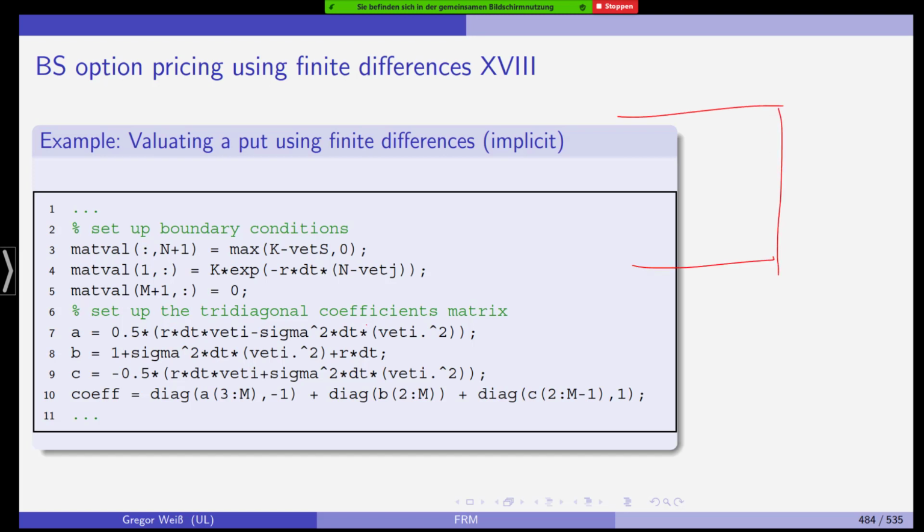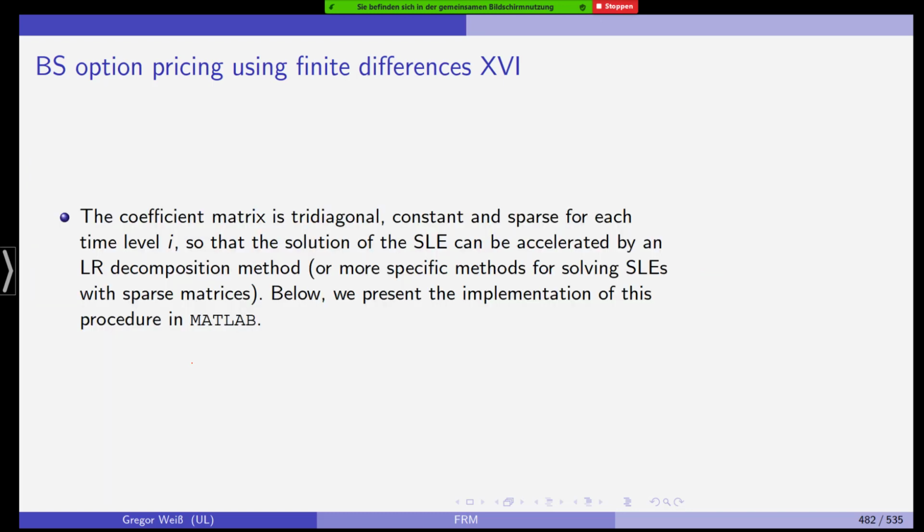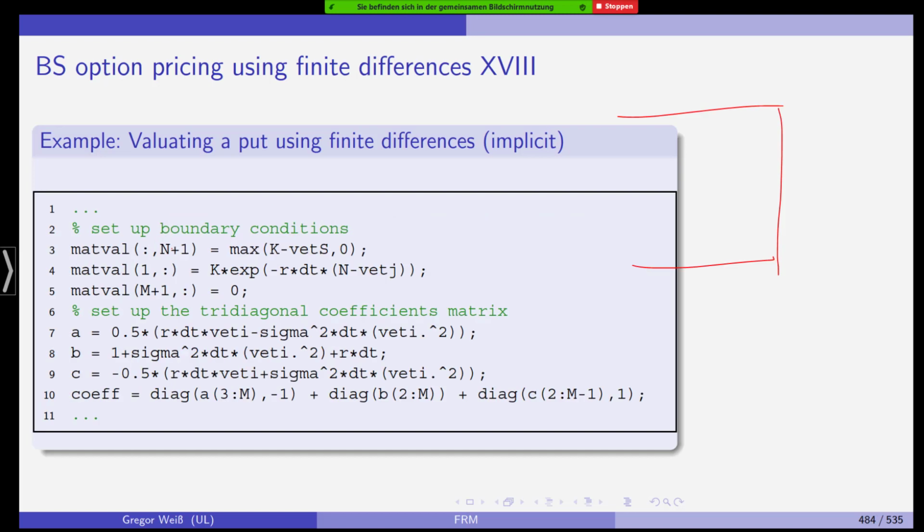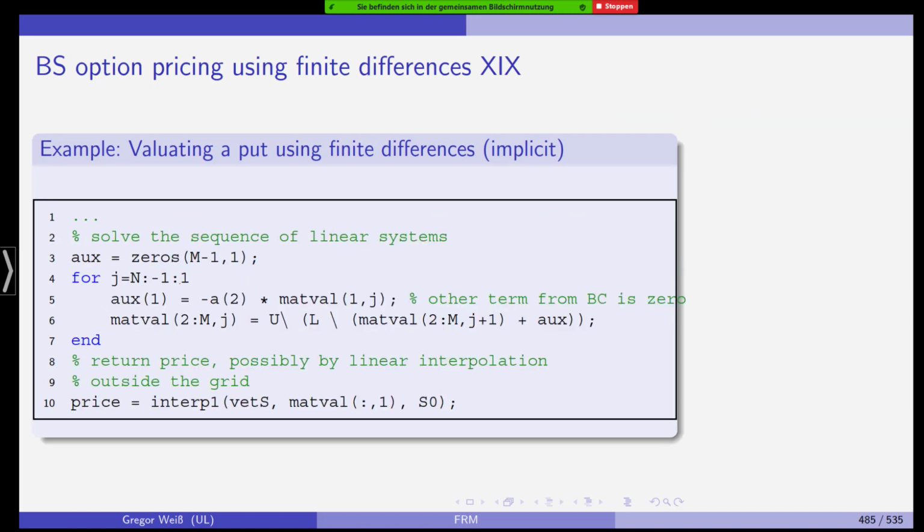And then we have to set up this tri-diagonal coefficient matrix with A, B, and the coefficient matrix looks like this. This is actually this one here. And then we need to solve the system of linear equations. This is done here. This is the operator in Matlab to solve a system of linear equations. Damit können Sie ein Gleichungssystem, lineares Gleichungssystem in Matlab lösen. And then we get our values in the first column.